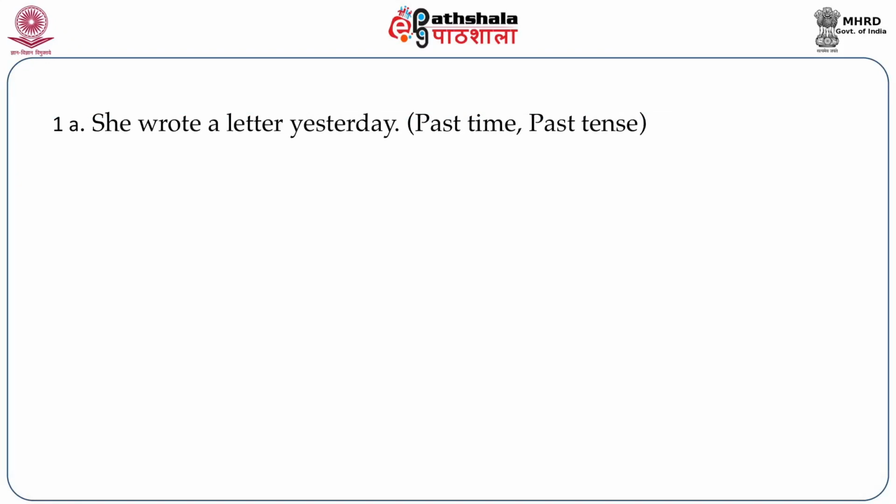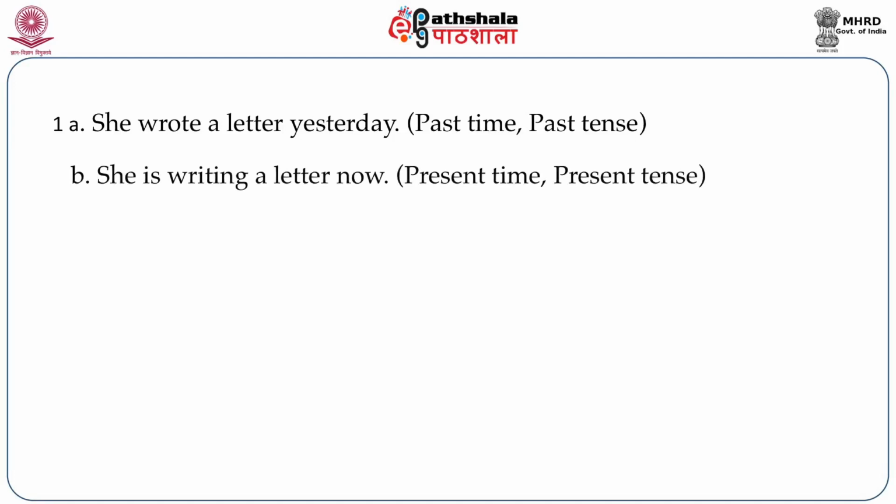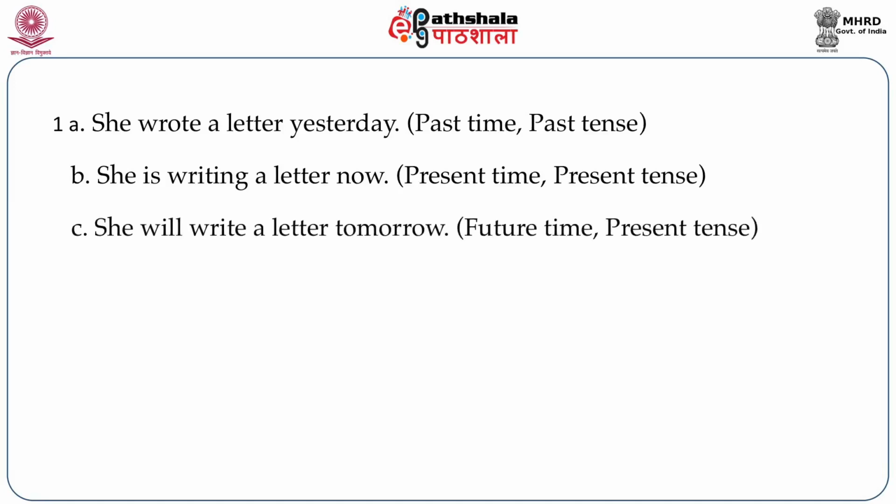You find that we have some examples there, 1 A B C and 2 A B C. In 1A we have she wrote a letter yesterday, which is past tense, and also it talks about past time. She is writing a letter now, 1B, it is present time and it also is present tense. She will write a letter tomorrow. The tense is present, but it refers to future time.